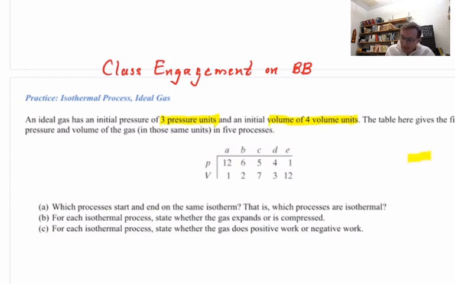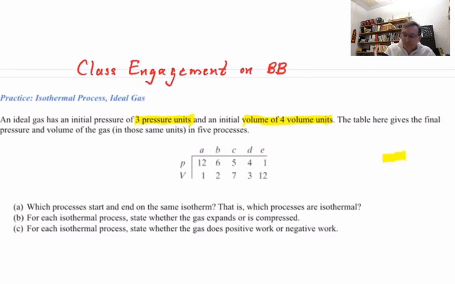All right. The table here gives the final pressure and the final volume of the gas in these same units in 5 different processes. There are the processes. They're labeled A, B, C, D, and E. And then you get the pressure value going across that way for each process, final pressure, and the final volume for each process.